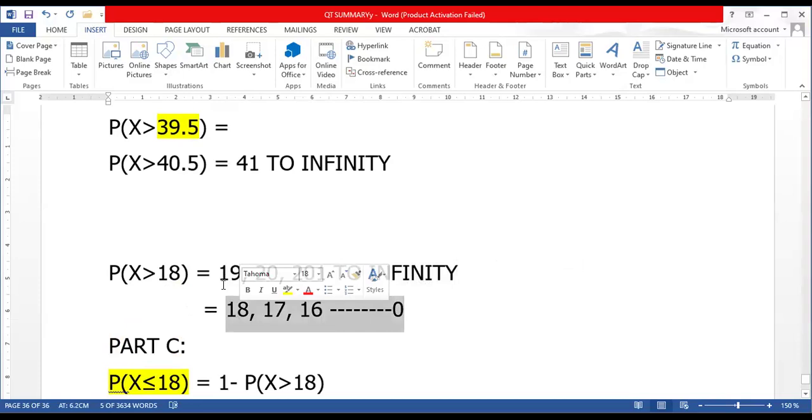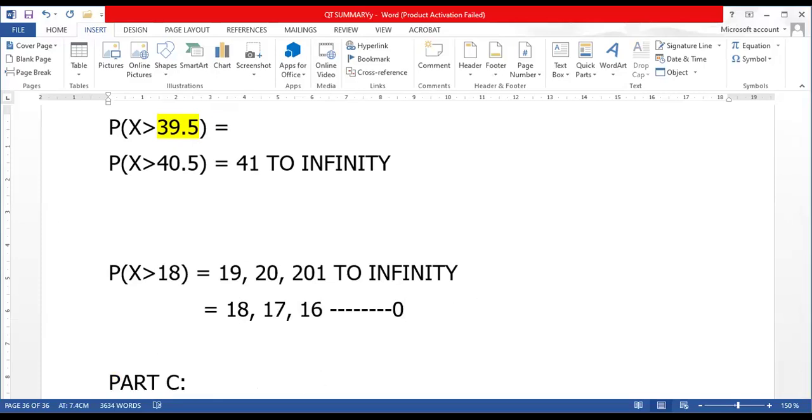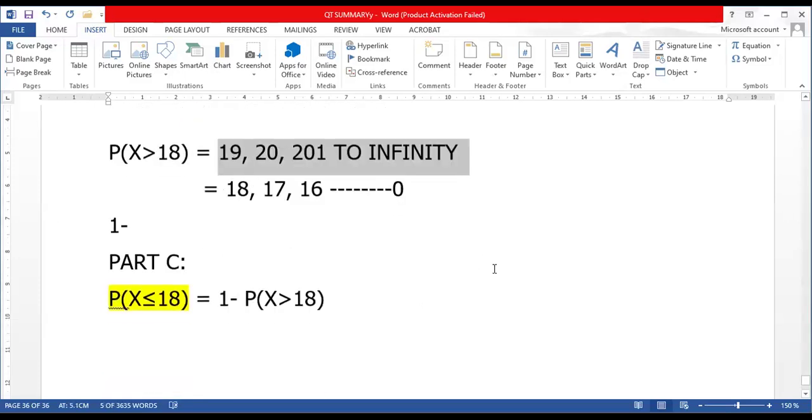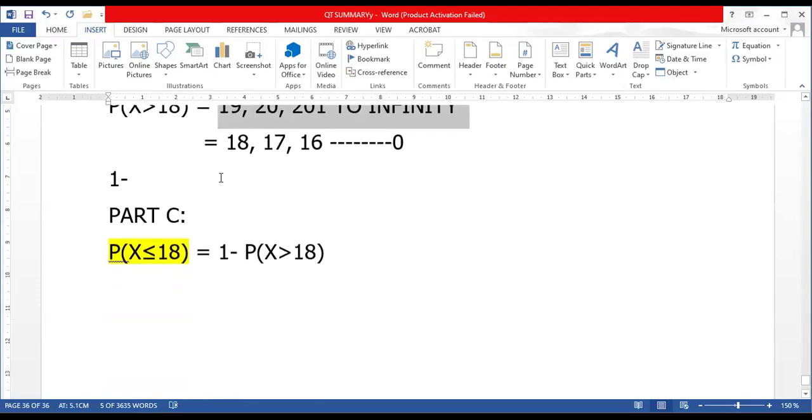If I get from 0 to infinity, the probability is equal to 1. So I simply get 1 minus the probability of this, and I will have my probability for values which are 18 and below.